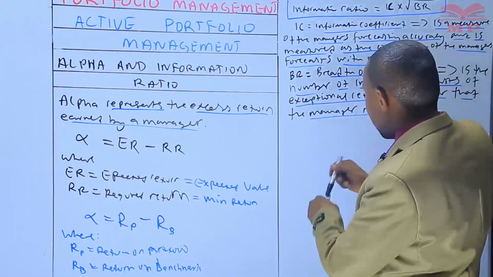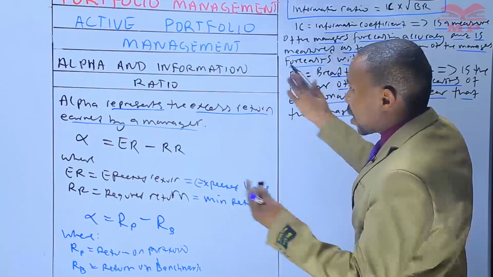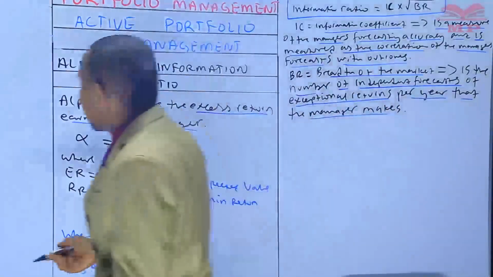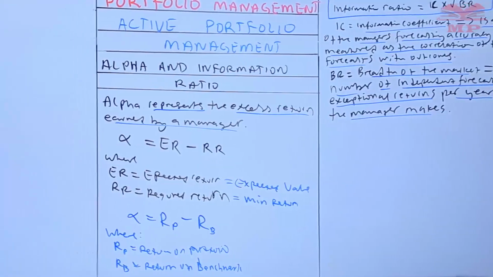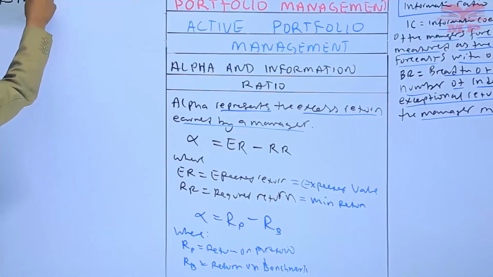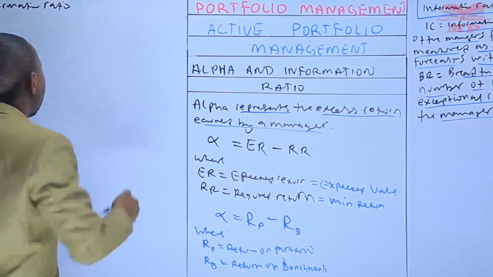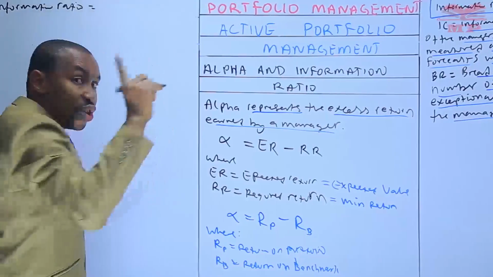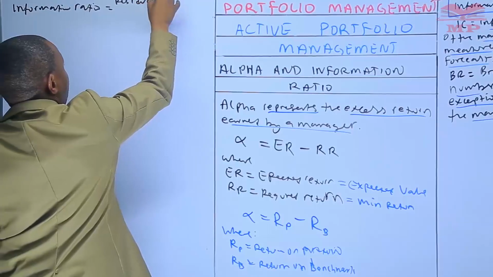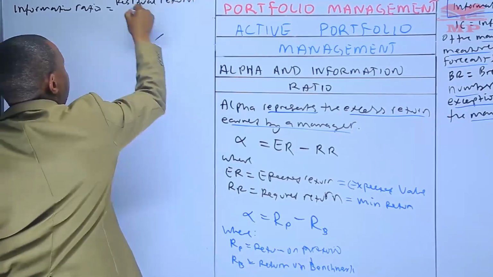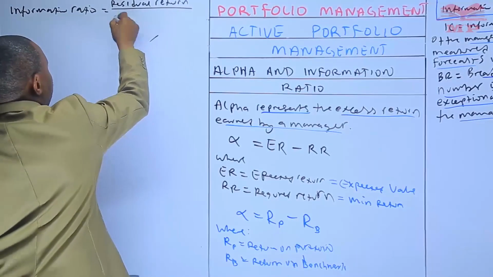So we can say information ratio, we can come on this other side, right here, ladies and gentlemen, and say that the information ratio over here, but it's not usually tested so much, and that's with good reason why I've come on this other side, is given as residual return divided by the residual risk.